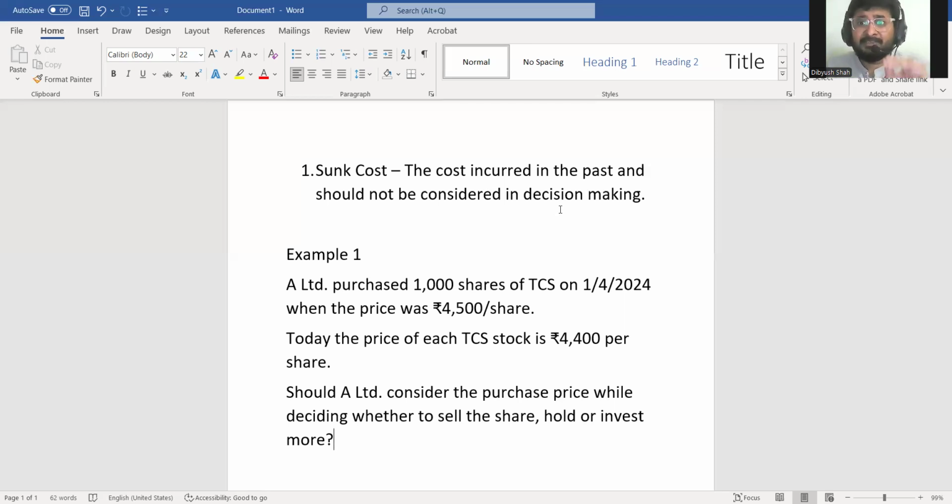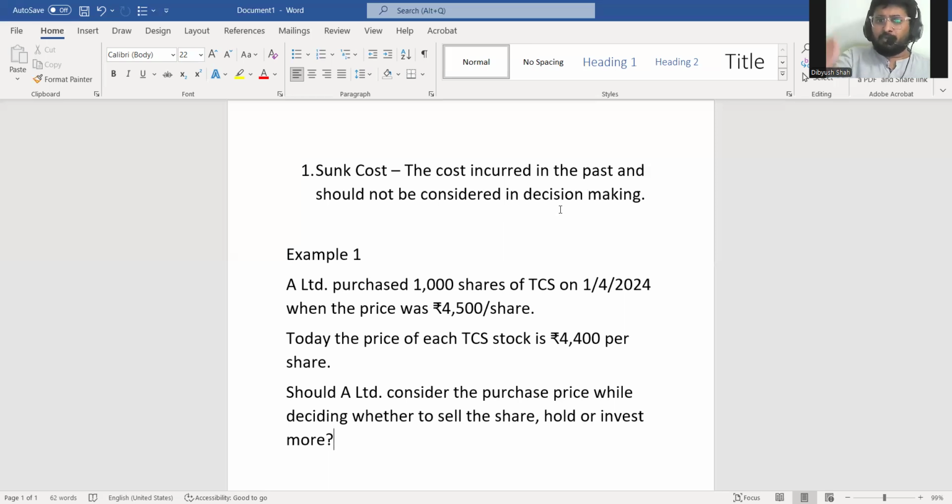I'm not saying this will not be included in accounting calculation. Of course, if I decide to sell this stock today, it is a 100 per share loss, times 1,000, so a total 100,000 rupees loss, or 1 lakh rupees loss. But that is accounts. That is accounting. Accounts and finance are two different things altogether.